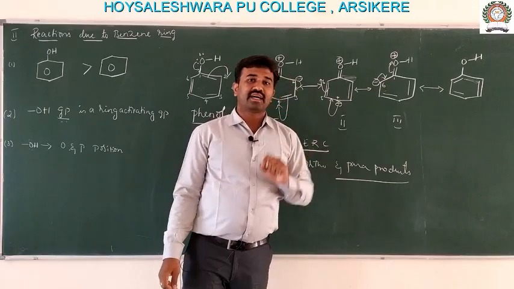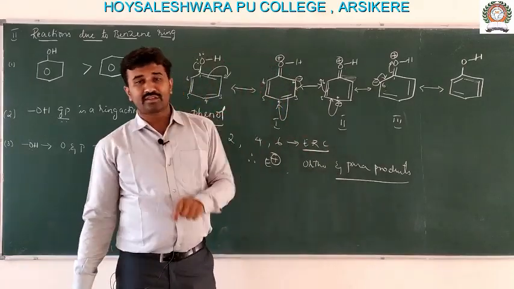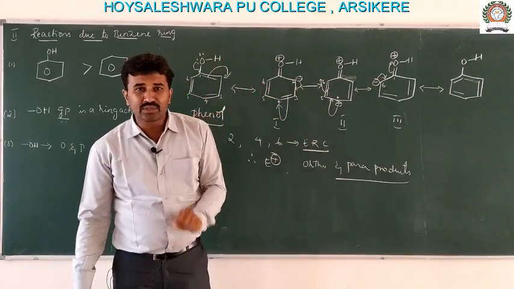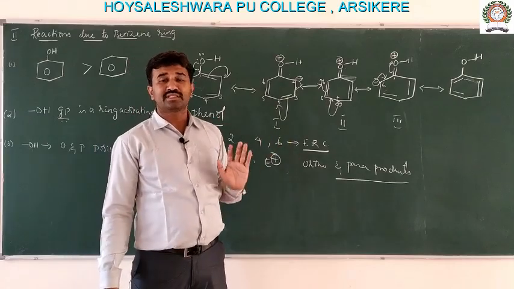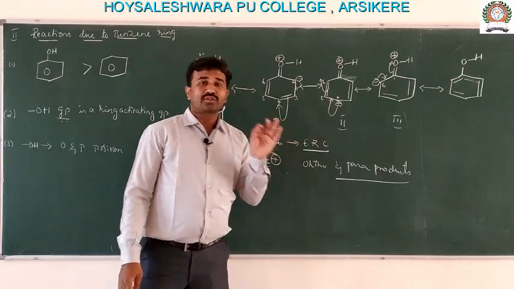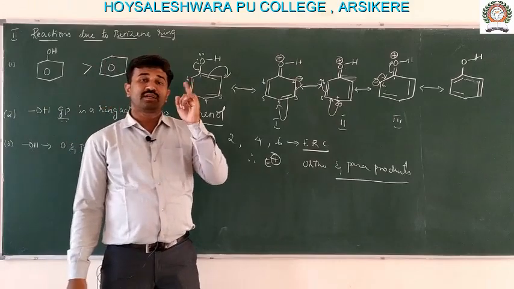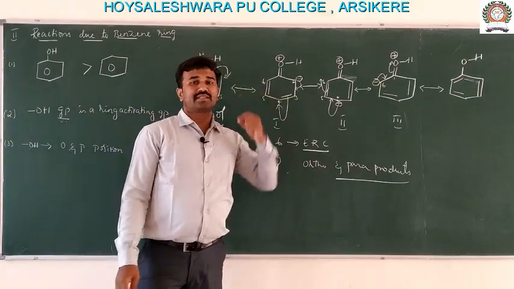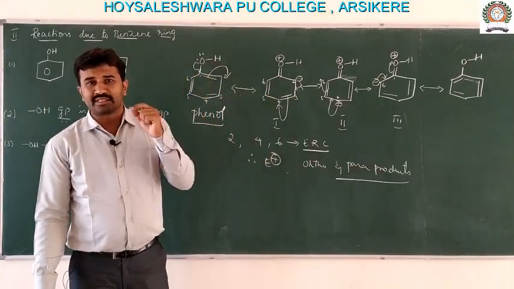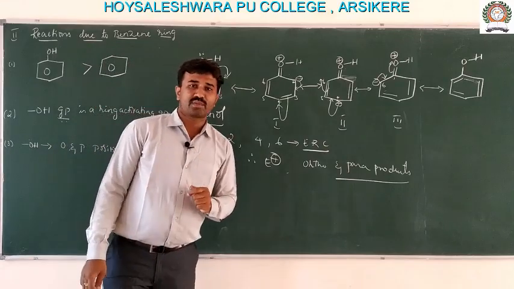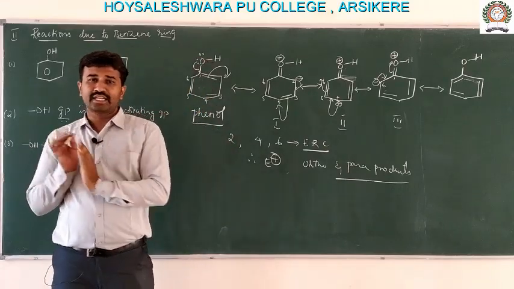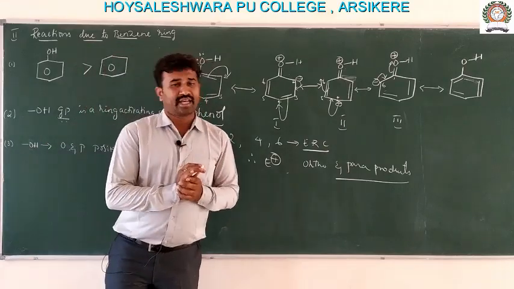These indicate that the incoming electrophile should attach to these positions. This is called what? The ortho-para directing effect of the group which is already present on the benzene ring. This we have also studied in first PU: ortho-para directing effect, meta directing effect.